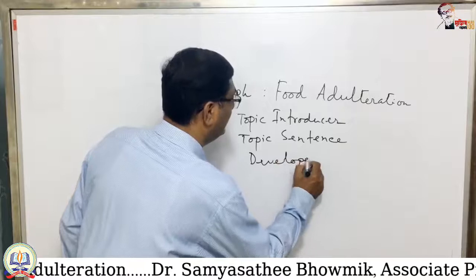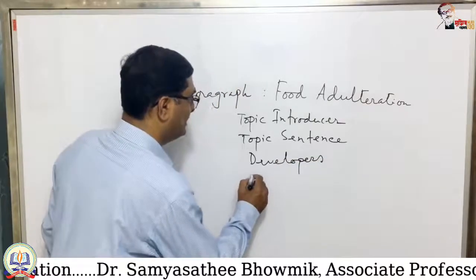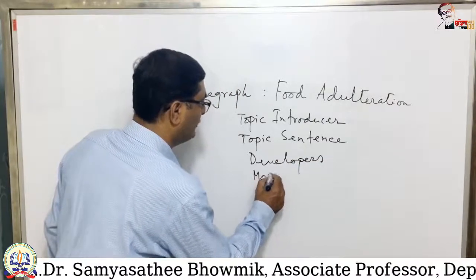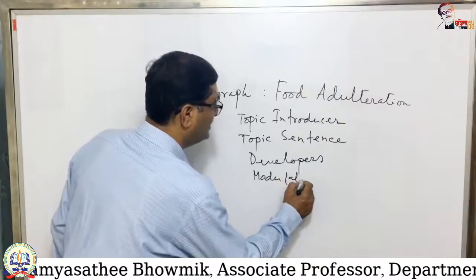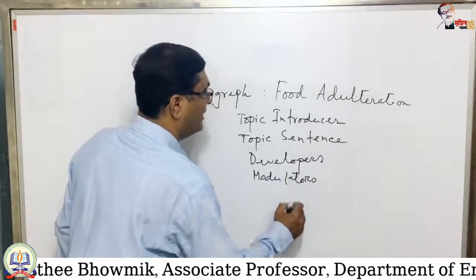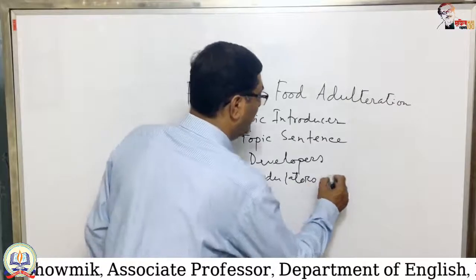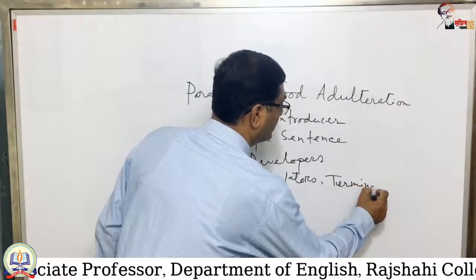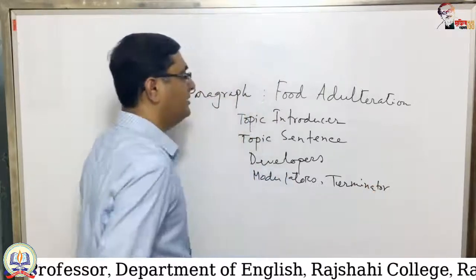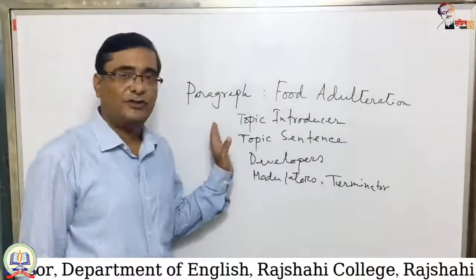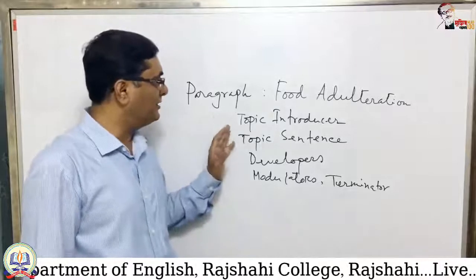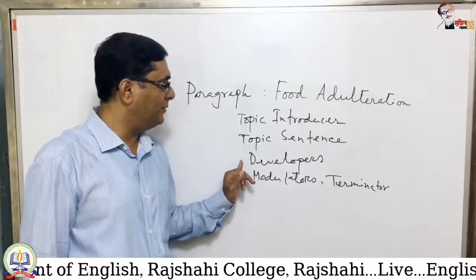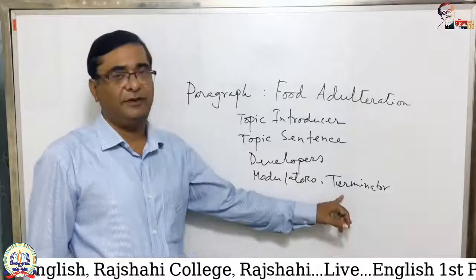After developers you can say modulators. This is another one, modulators. And finally you can also say terminator. This is the last one, terminator. So how many parts do we see over here? Topic introducer, topic sentence, developers, modulators, and terminator.